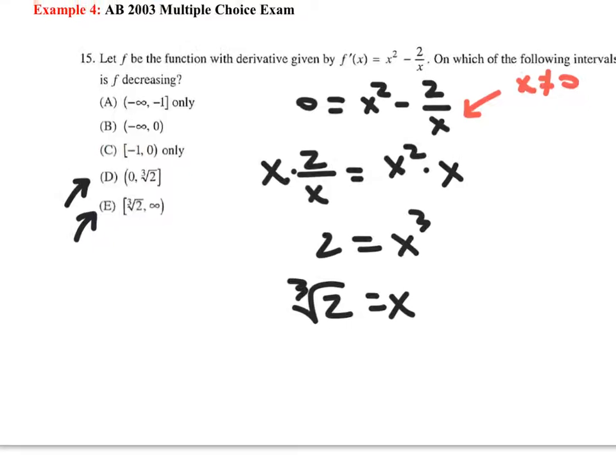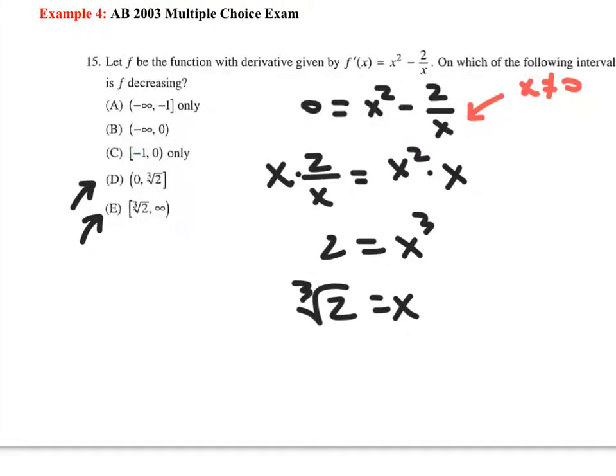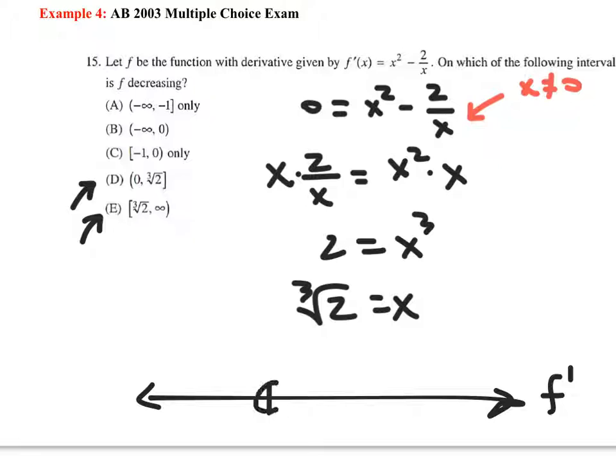So let's work this in C for a moment. Let's make ourselves a nice little plot here of f prime. I know that it can't equal 0, right? There's some kind of discontinuity there, but the derivative is equal to 0 at the cube root of 2. So then we would just test values.